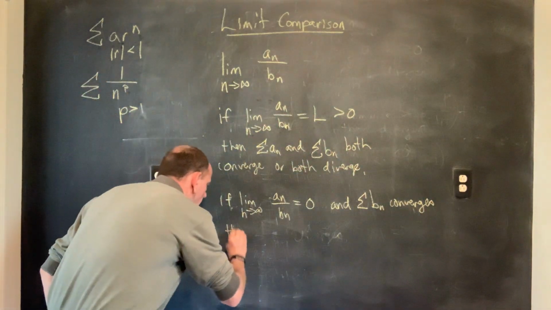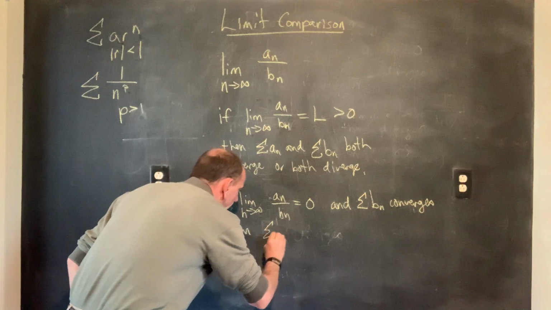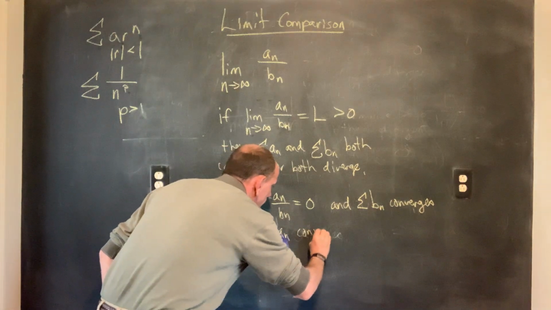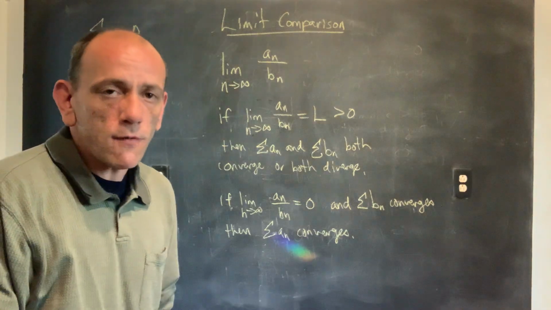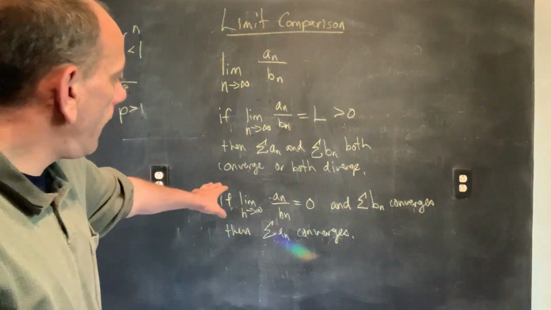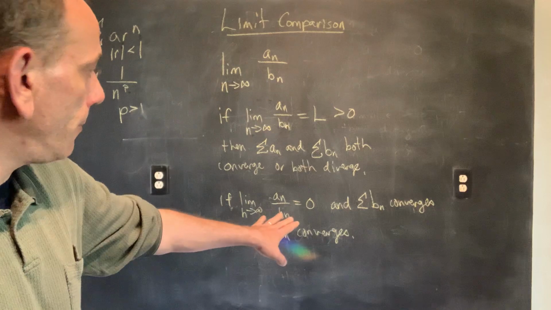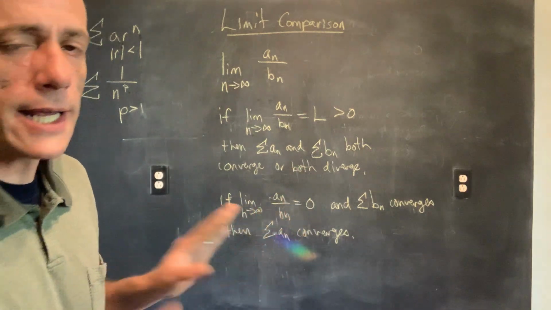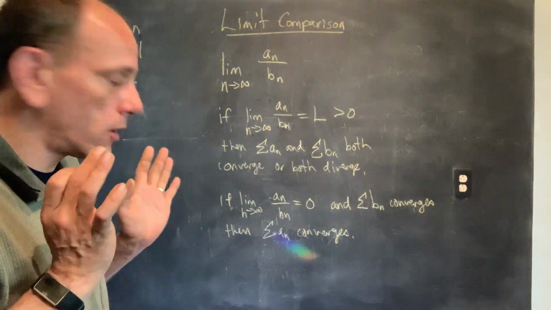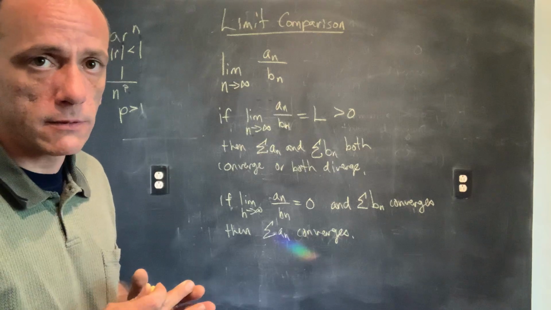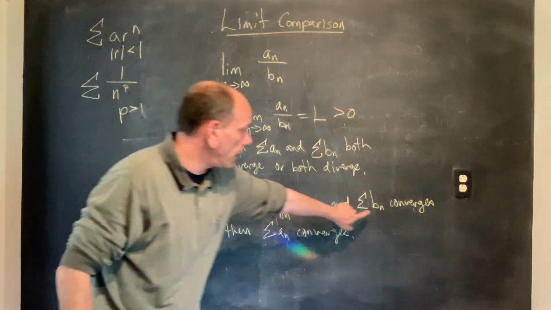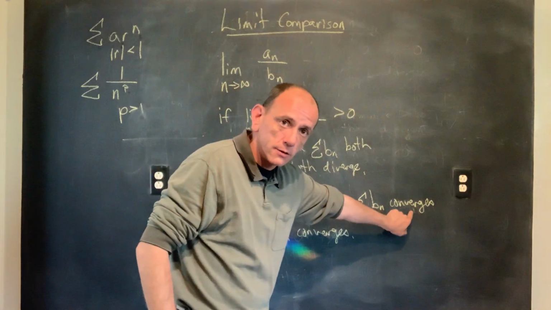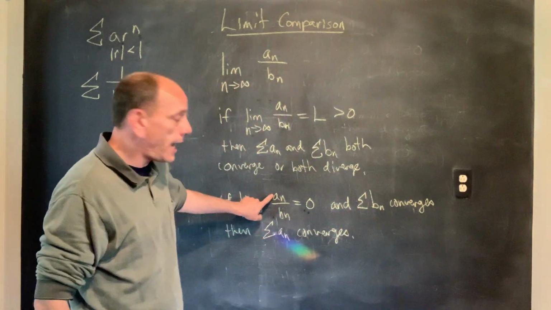Then the series A sub n converges. You got to be careful with this one. If that limit is 0 and B sub n diverges, I get no information. It's inconclusive. I have no idea. But if this limit is 0 and B sub n converges, then A sub n has to converge.